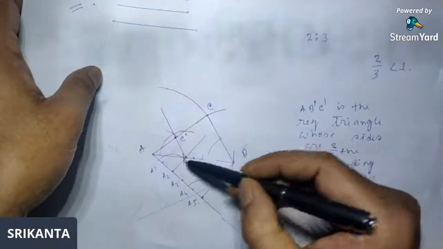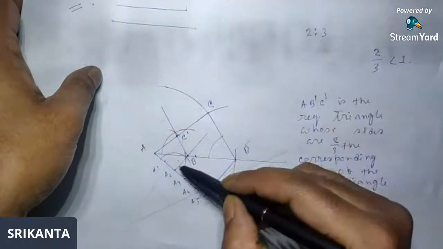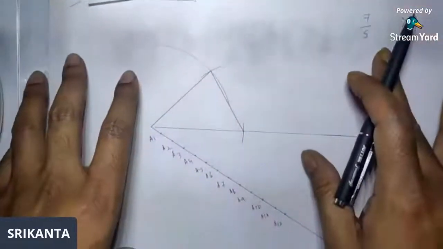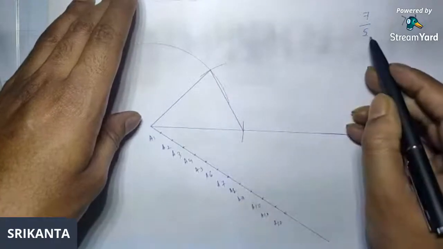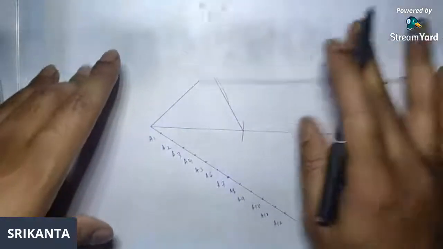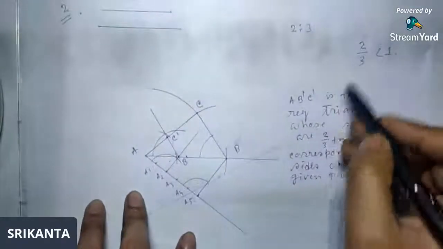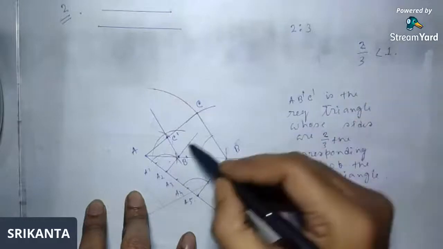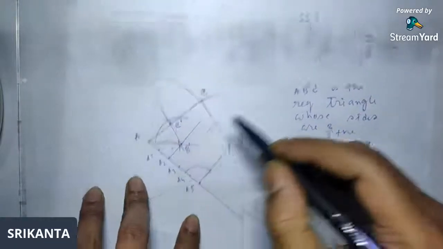Here what we'll do? We'll join the 7th point. Here we have joined the last point, 12. Whatever is smaller number here, we have imitated this angle.